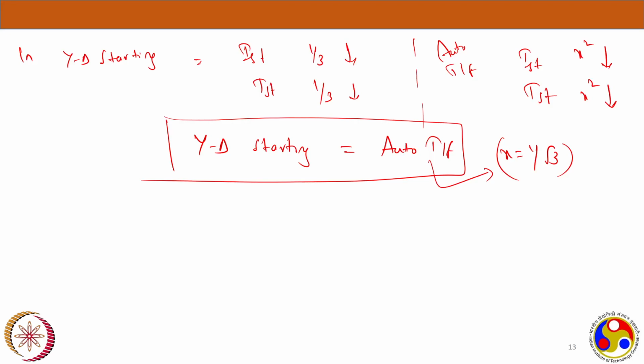Now initially you have a star connection. I'm not connecting it, but it's like a switch. Let me just draw it. Let's say you have your supply here.